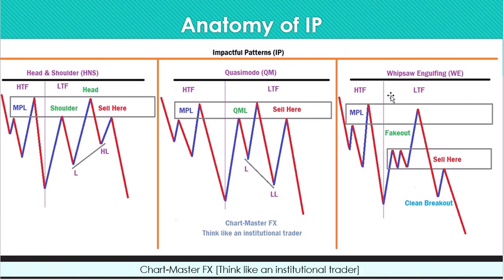And the Whipsaw Engulfment is more effective than the head and shoulder. So this is the least effective one. And between these two, the Quasimodo is more effective than the Whipsaw Engulfing. You need to know that, guys.